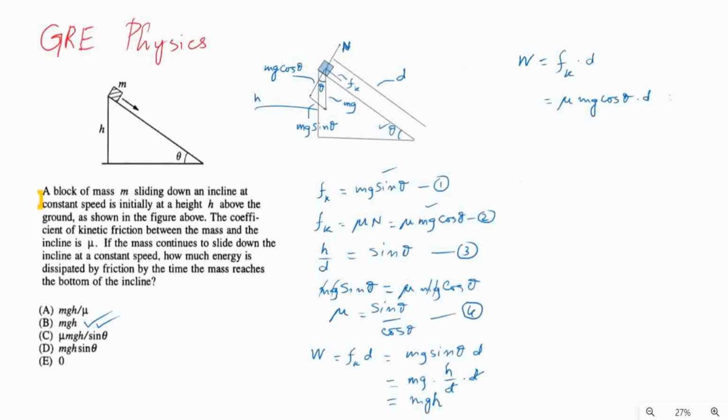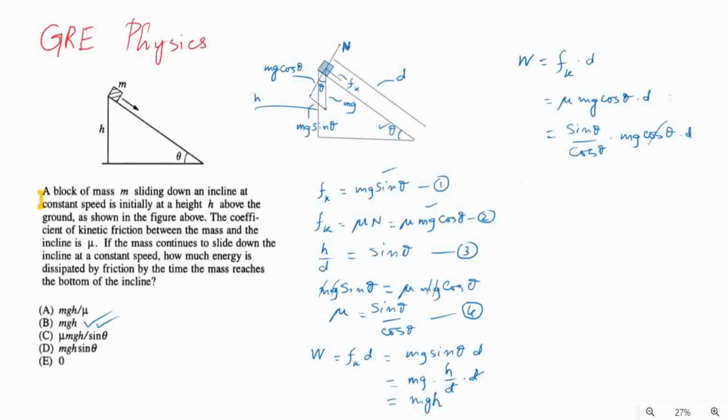From equation number 4, mu is equal to sine theta divided by cosine theta. So write it down here: sine theta divided by cosine theta times mg cosine theta times d.